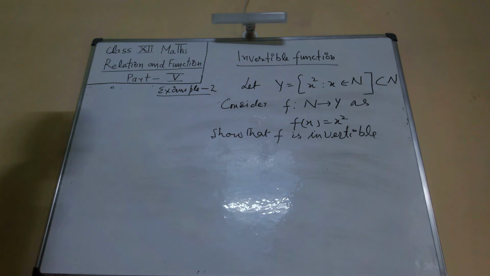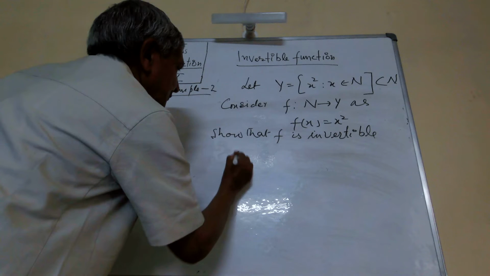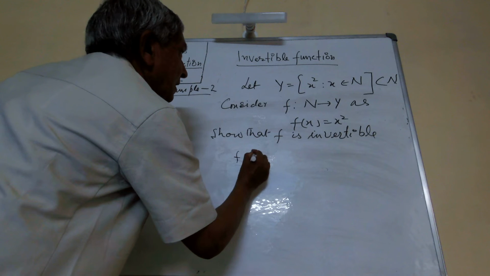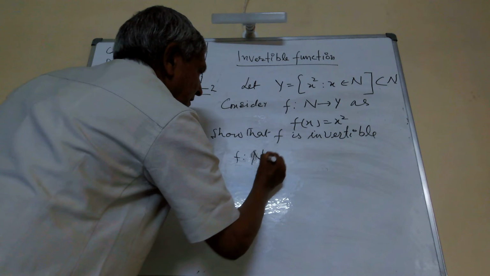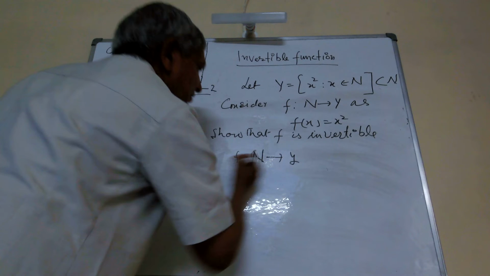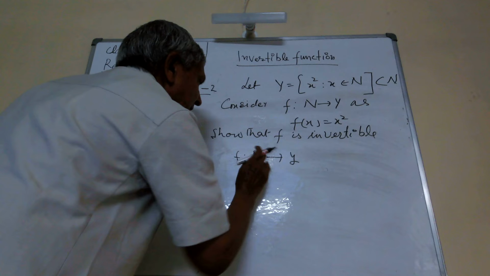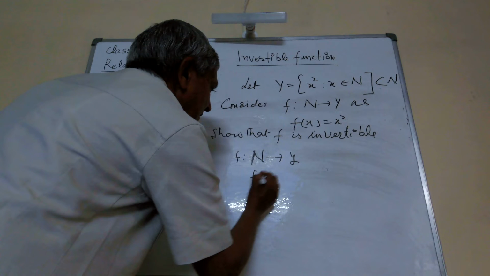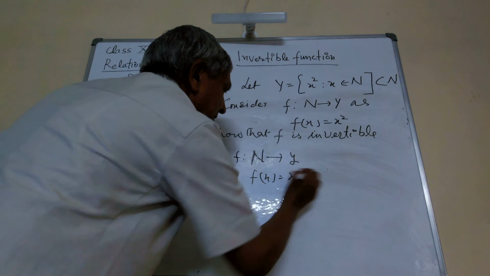Now again write the first function f, and N tends to Y. This is the function. And what is the condition? f x is equal to x square.